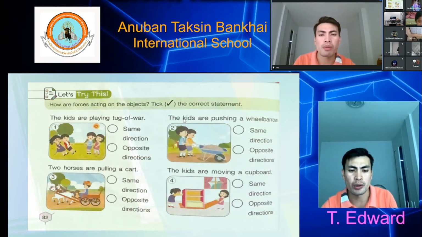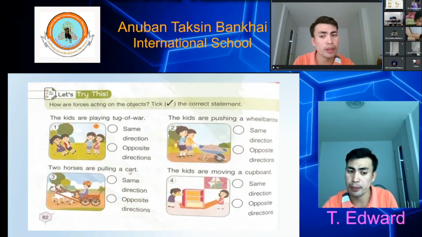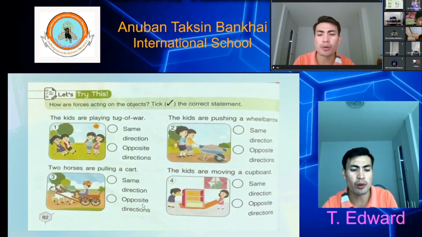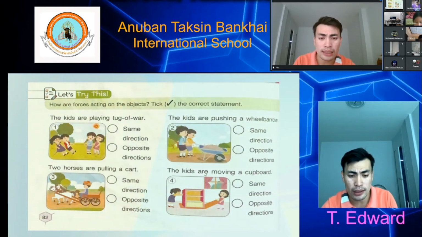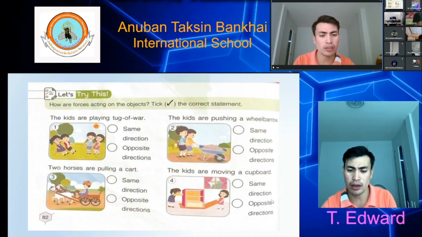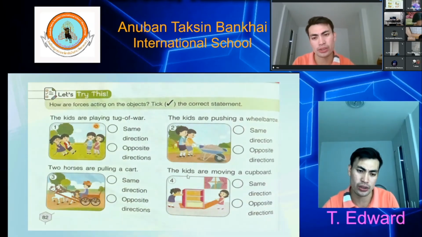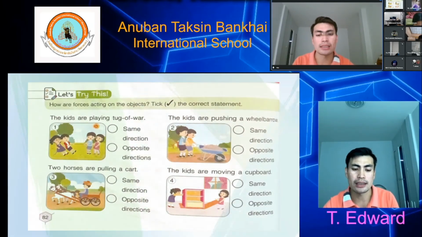Number 2. The kids are pushing a wheelbarrow. Same direction or opposite directions? Number 3. 2 horses are pulling a cart. Same or opposite directions? Number 4. The kids are moving a cupboard. Same direction or opposite directions? 1 minute starts now.